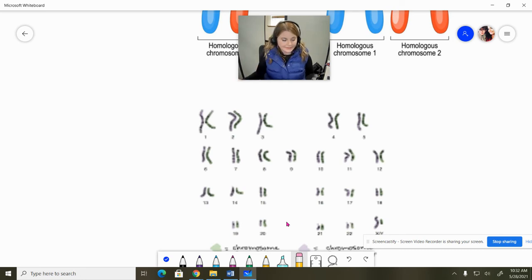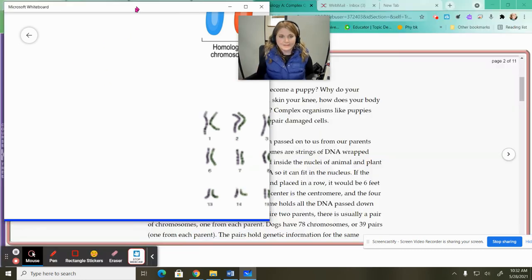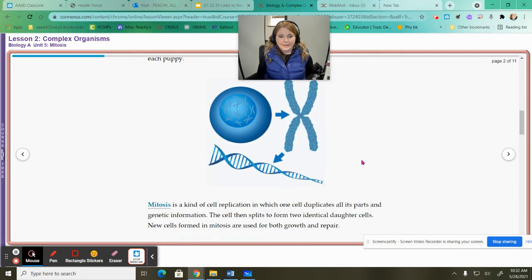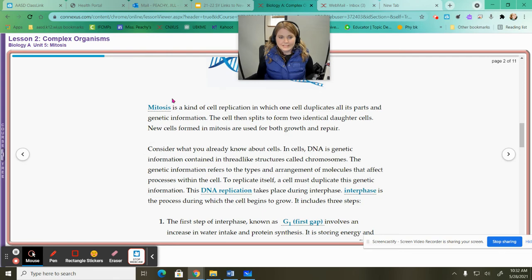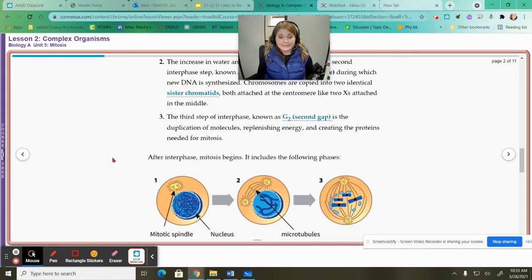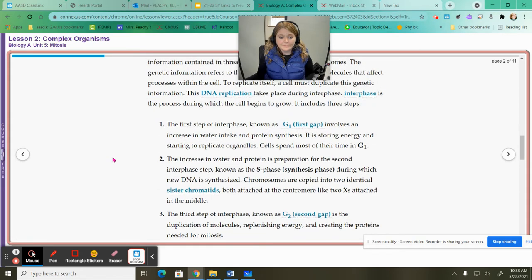Okay, so going back to the lesson here, I'm going to minimize this. You can see these pictures here. It talks about mitosis, and it talks about DNA replication that happens during the cell cycle. And if we remember the cell cycle, let me pull up that picture real quick, because we did this in the previous lesson.